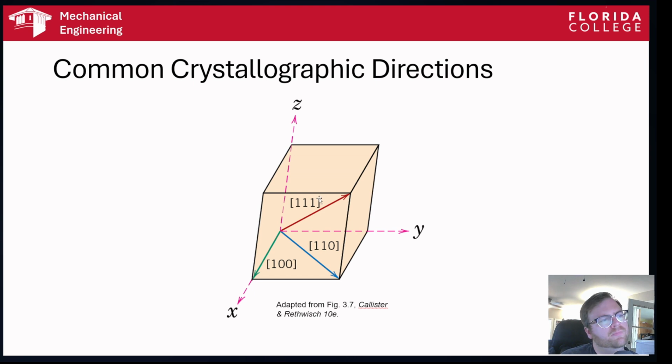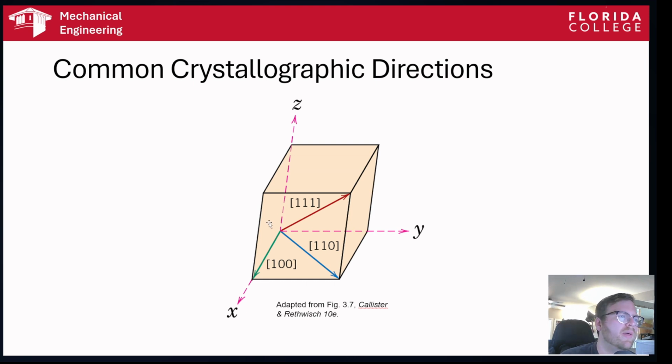But also, I could just give you these direction indices, and you should be able to draw the line, right? So if I've got 1, 1, 1 here, I'm thinking, okay, well, I have to be able to reach the farthest extent of my unit cell in all 3 directions. So I'm probably going to have to start at the very bottom, or at the origin, and work my way out. And that's typically how we do this. We assume that we're starting from the origin until proven otherwise.